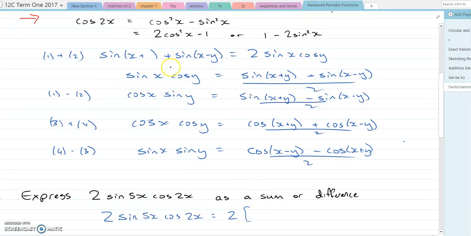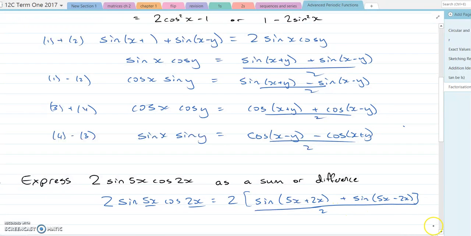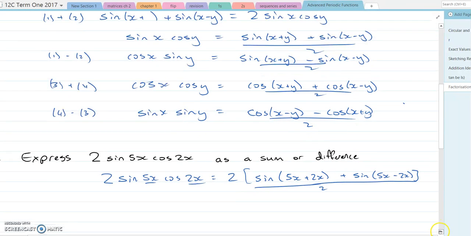Now instead of x plus y, there's my x, there's my y, it's 5x plus 2x. And instead of x take y, it's 5x take 2x. And then it's that whole thing divided by 2. Yeah, because that's in the formula.